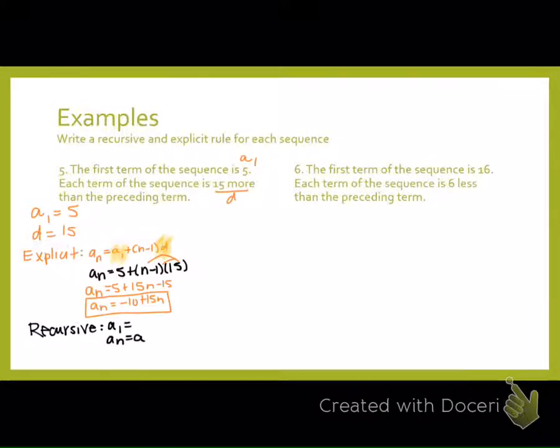Okay, Emma. Give me the recursive formula. The bottom one.